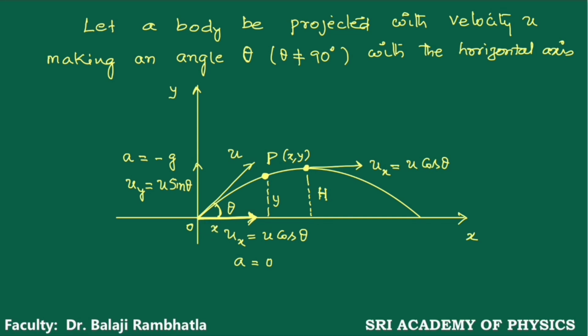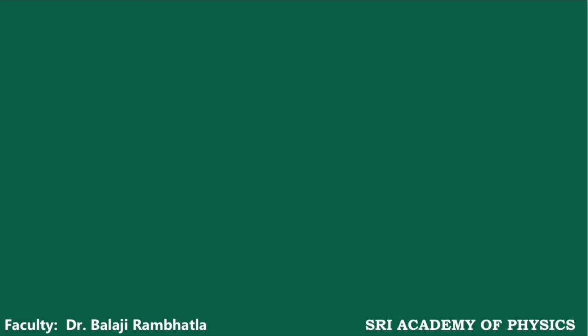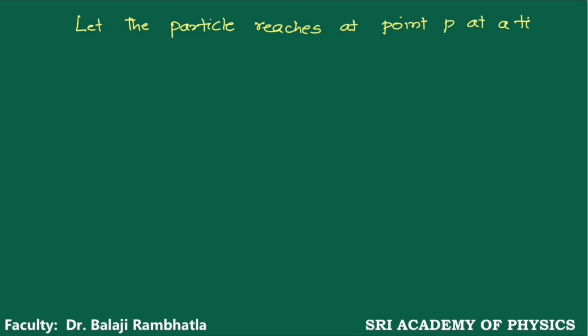Let the particle reach a point P at a time t, and its coordinates are x comma y. Right. సో ఇక్కడ ఒకసారి టేబుల్ వేసుకుందాం.